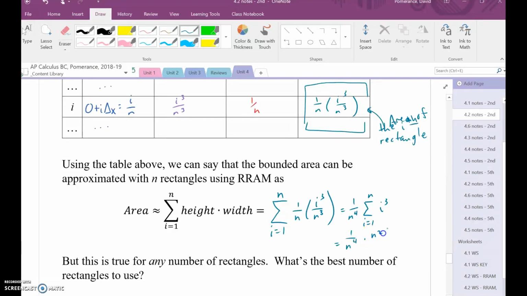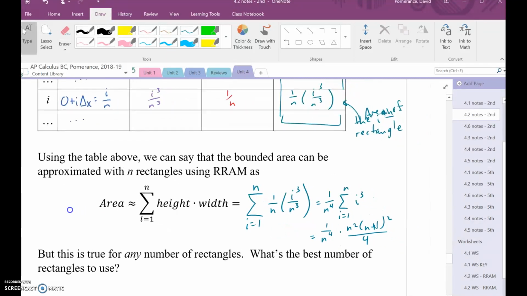That's going to be n squared times n plus 1 squared over 4. So we actually have this fairly simple formula we can use for any value of n, and that's going to give us the area approximation over 4n to the fourth.